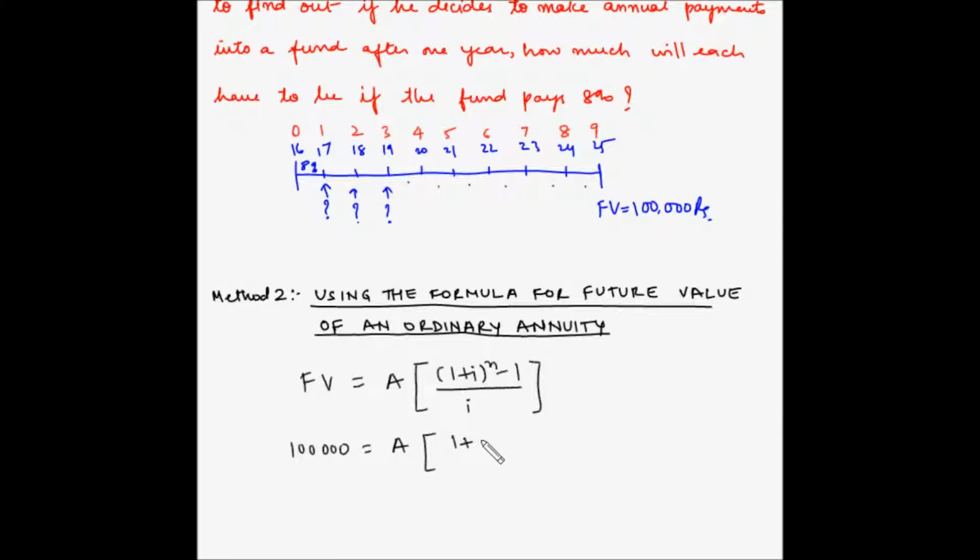1 plus I, now the rate of interest is 8%, so 0.08, to the power n. So the number of years in consideration is 9, minus 1, divided by 0.08. Or 100,000 is equal to A into, so let's calculate this bracket value.